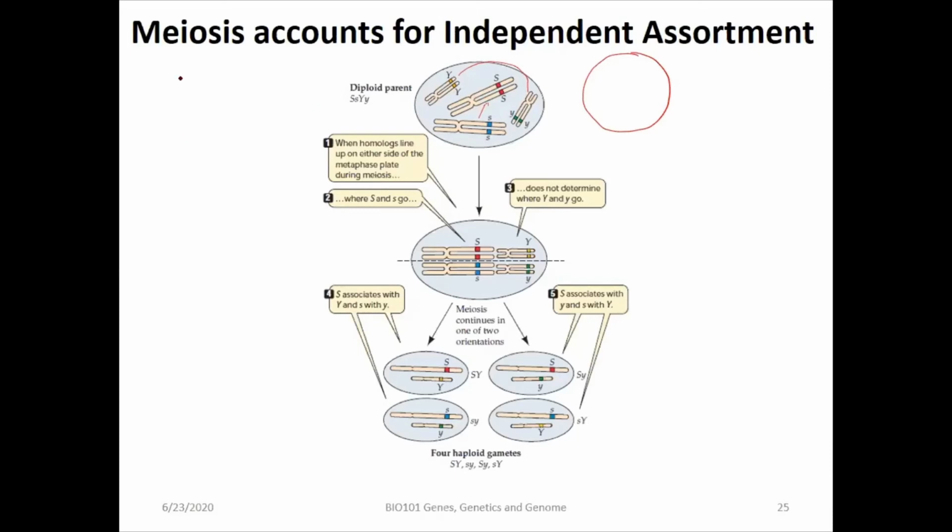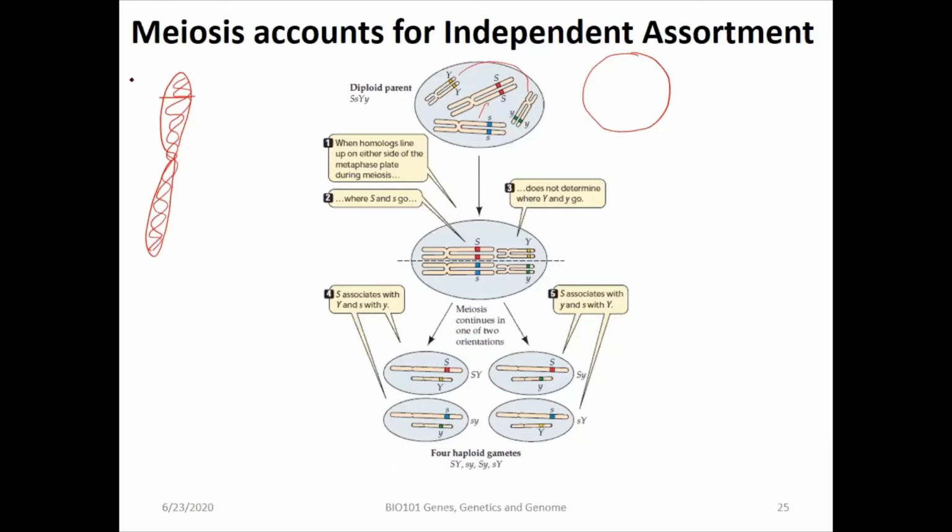So what is a chromosome? A chromosome is like this, we already know. And the DNA, like this, a double helical structure, together with histone proteins.